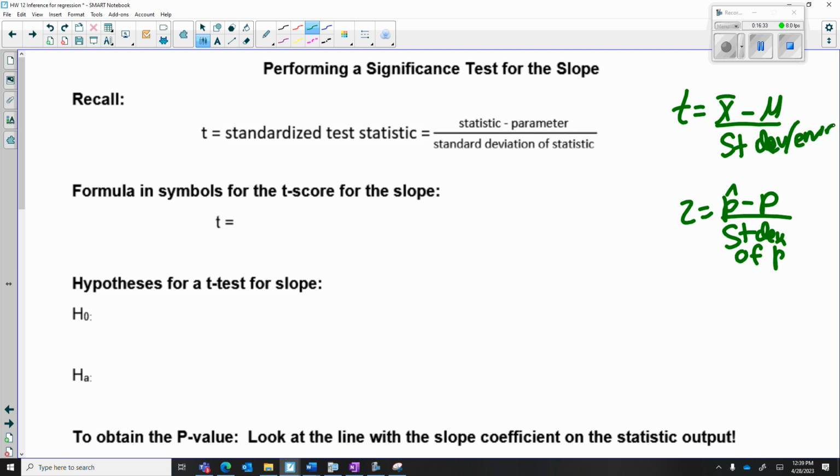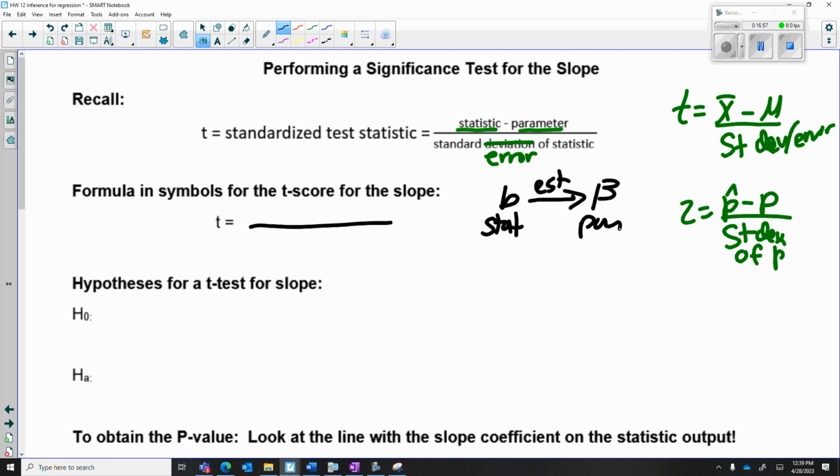Standard deviation or standard error of whatever it is we're doing. So similarly here, we're going to do the same thing, but it's going to be for the slope. The formula for a t-test statistic is statistic minus parameter over standard deviation or standard error of the statistic. So the statistic for slope, remember, is B, and that's used to estimate beta. This is the statistic, and this is the parameter.